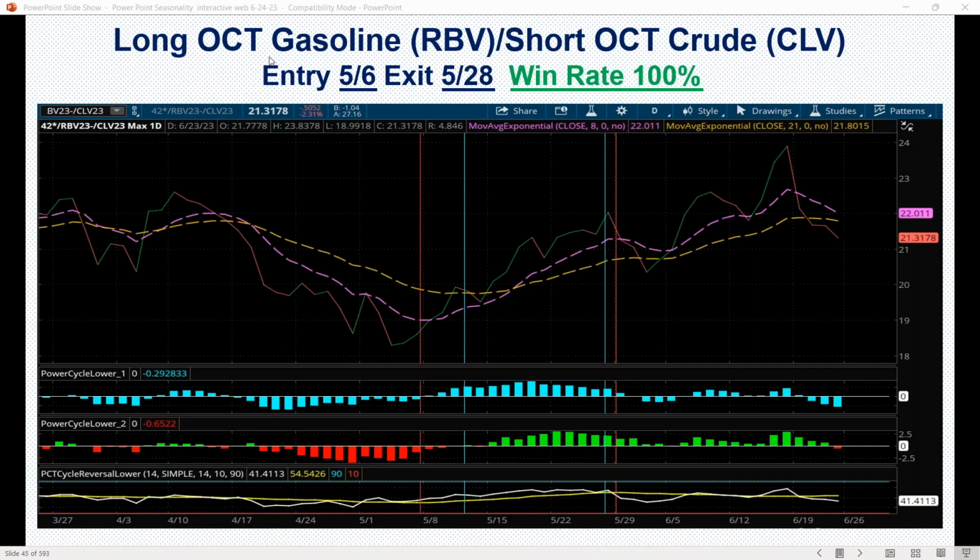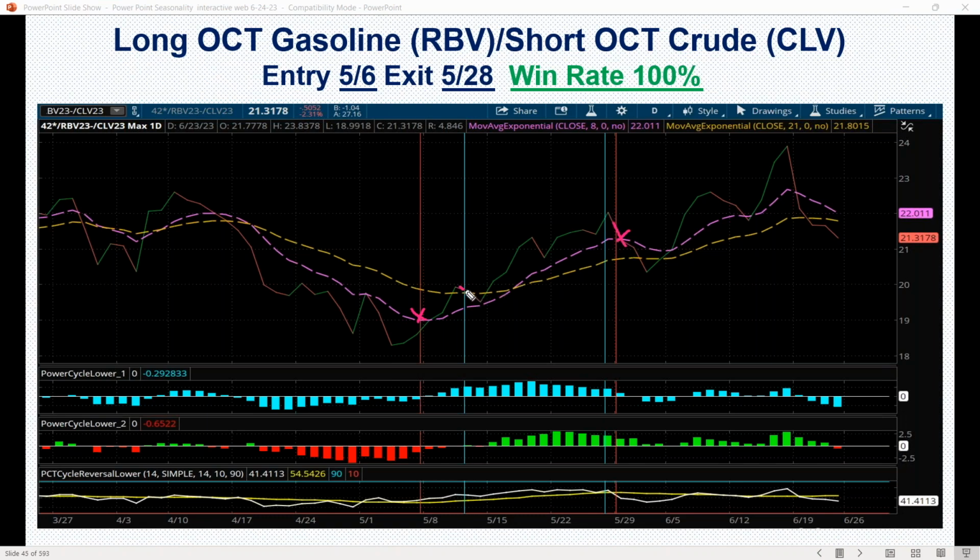Here's what it looks like marking it, going back with the crack spread. I pulled up the spread here for you to see. You can see the seasonality got in right there. This was back on the 6th, and then it got out right here, okay?